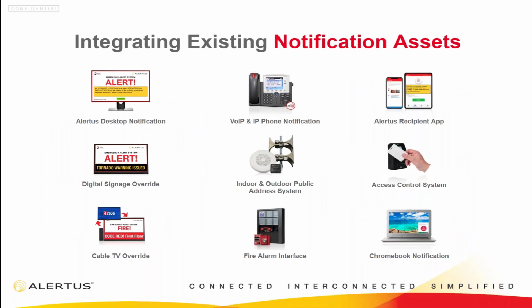As we mentioned, we're always looking to integrate with assets as much as possible. Infrastructure that's already in place can be great resources that we can pull into play and now utilize as a communication device to effectively communicate with all individuals across all endpoints. Things such as desktop notification is a great way to take over the immediate surroundings of those office personnel, as well as, say, VoIP and IP phones within the office environment throughout that facility.